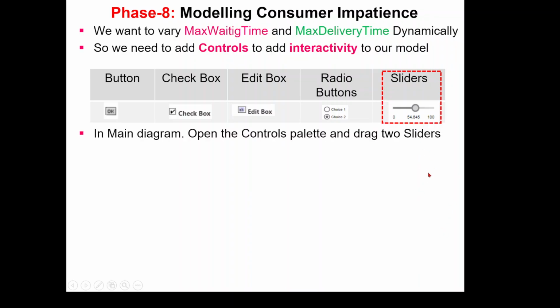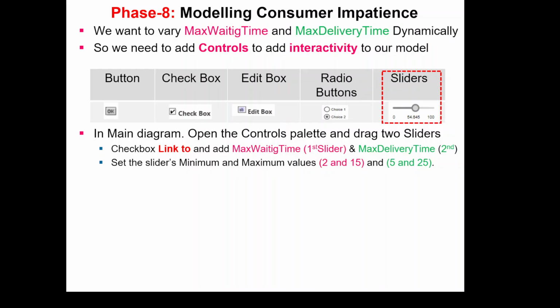We will drag two sliders and assign one to the maximum waiting time, and the other to the maximum delivery time. In the slider, we will make the minimum and maximum value of waiting time from 2 to 15, and delivery time from 5 to 25. So we will just vary the values between this minimum and maximum, and we'll try to observe the effect of these parameters on our simulation.